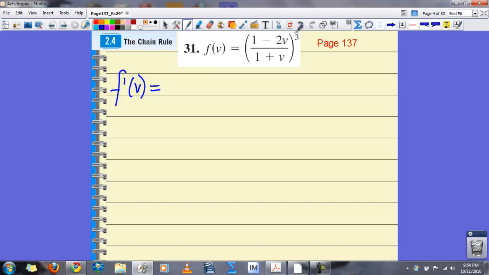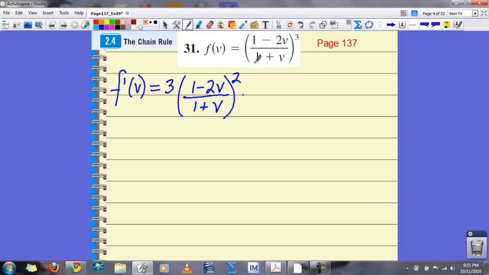And we're going to start using the chain rule, using the outer. So we have 3, put the 3 in front. And then you keep the inside, and then you subtract 2. Now, times the derivative of the inside.